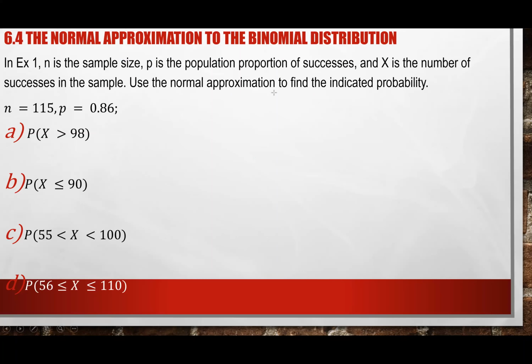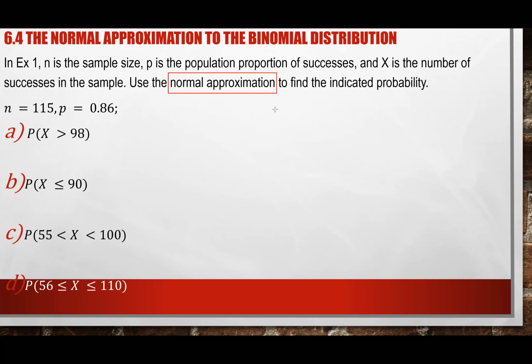Most of the time, they will spell it out for you and say use the normal approximation to approximate the binomial. If they tell you that, then you know that you are in 6.4, where we have to use the approximation. Sometimes they just say use the normal approximation. Normal approximation should be a keyword or a hint that you have to use your normal to approximate the binomial.